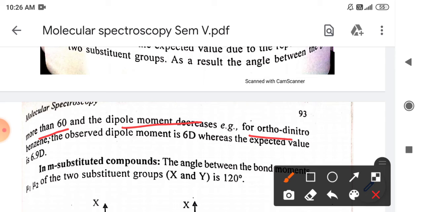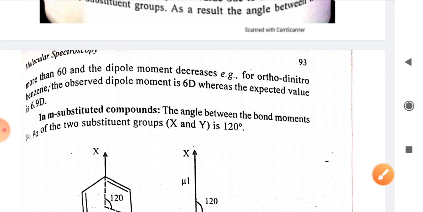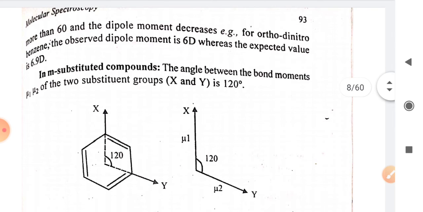For example, for ortho dinitrobenzene, the observed dipole moment is 6 Debye, but the expected value is around 6.9 Debye, a difference of around 0.9 Debye. So for the ortho case, the calculated values are always greater than the experimental values.